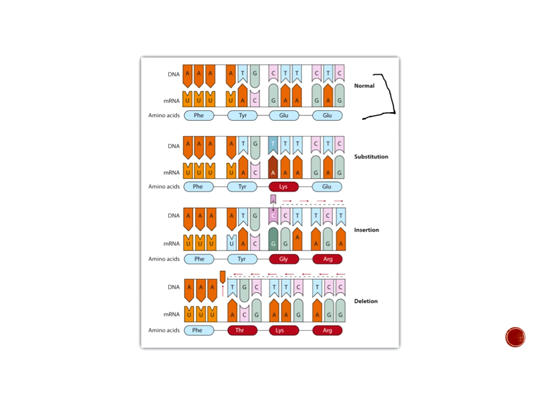In this case, this is a T instead of the C that it was in the original. That now makes this mRNA nucleotide a different nucleotide, and therefore we have a whole new amino acid being placed in this protein, which is going to make the protein not work the way it's supposed to. So that's called a substitution.